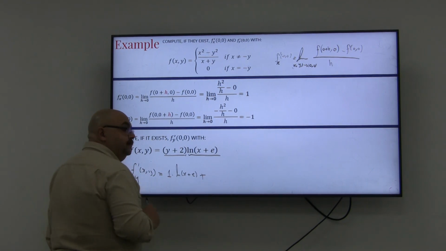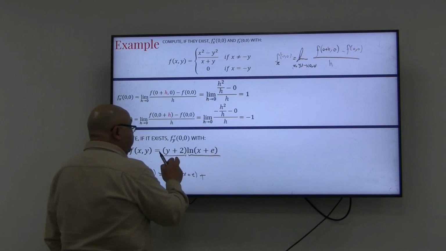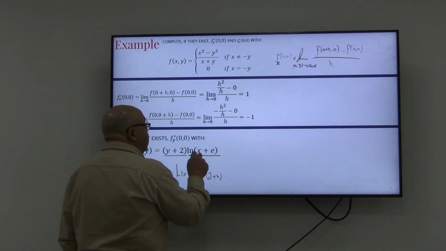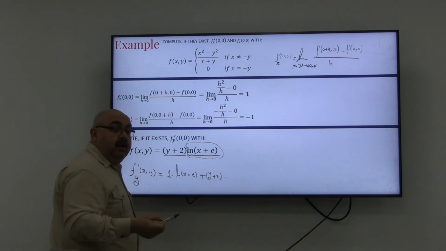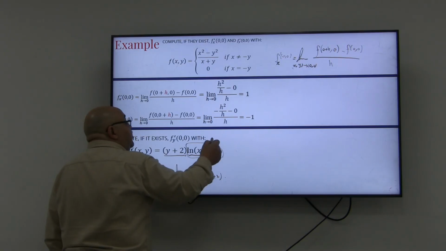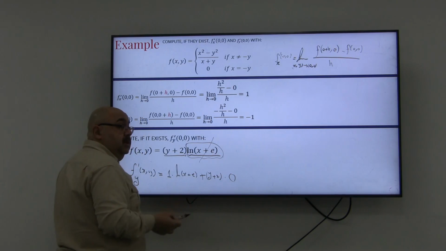Then plus two functions multiplied by each other. The first of them will be y plus 2, times the second. Does this function contain y, this part? Do you see y in here? No. So the derivative with respect to y will be 0, because it's a constant.